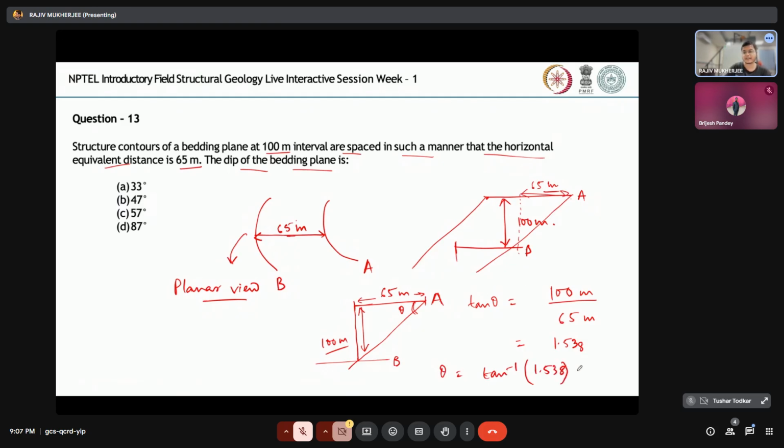So this gives the value of 57 degrees. So the dip of the bed is 57 degrees and the option is C. Correct option is C.